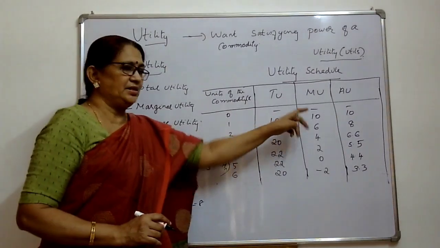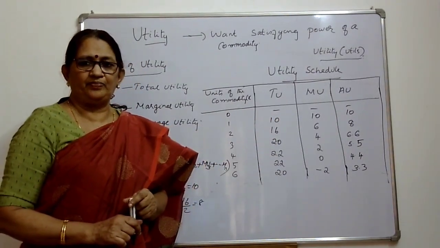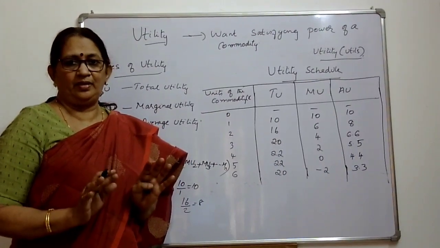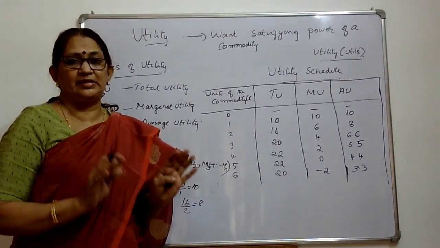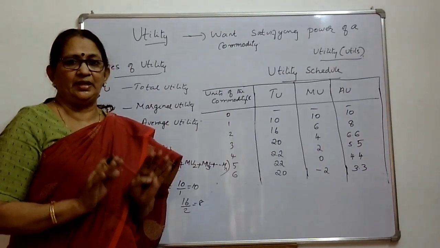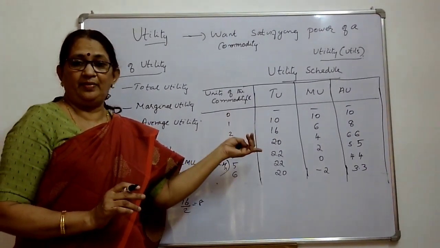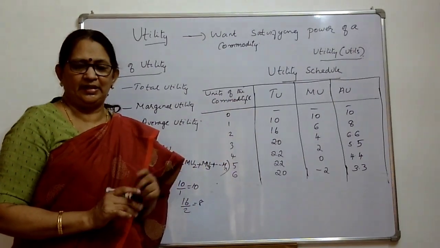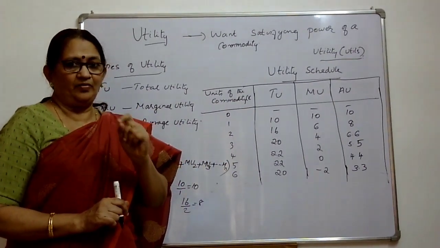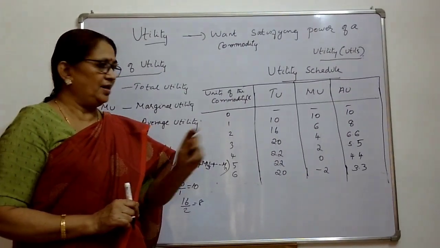So how is marginal utility calculated? If total utility is equal to sigma MU, by totaling marginal utility we get total utility, then how can we calculate marginal utility? What is the meaning, the definition of the concept?